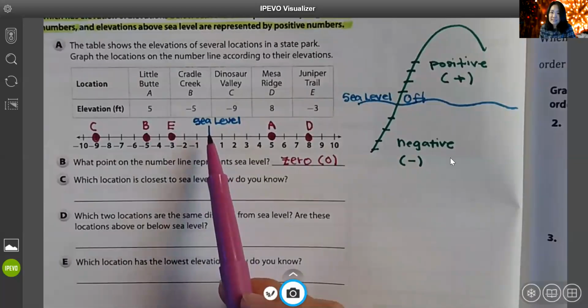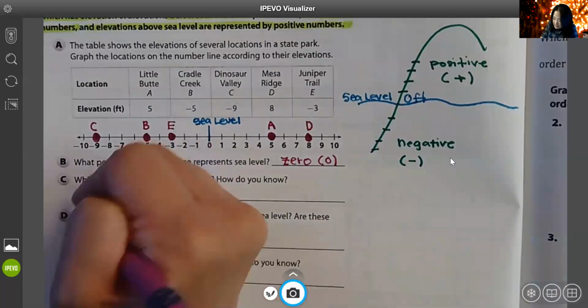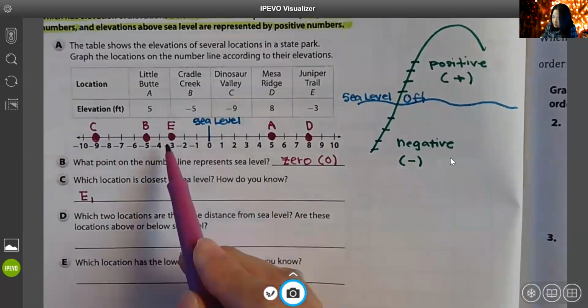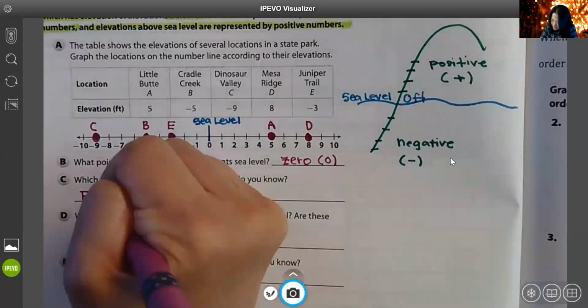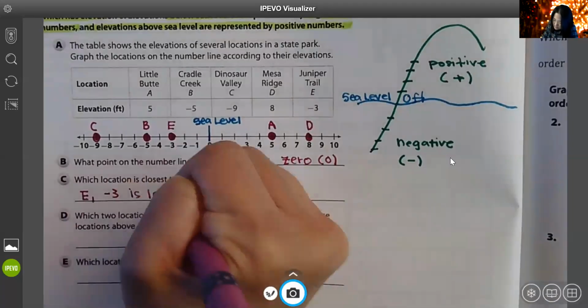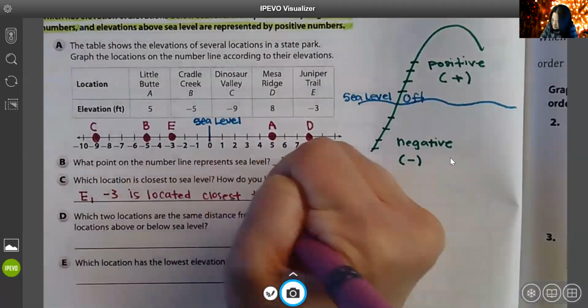You can clearly see that it is point E. So E, and how do you know? Well, negative 3 is located closest to 0.